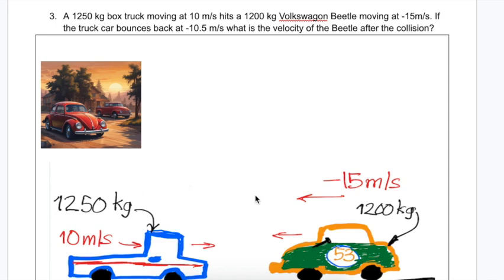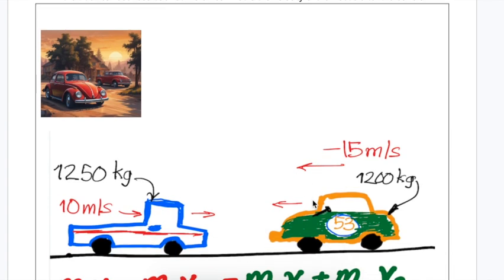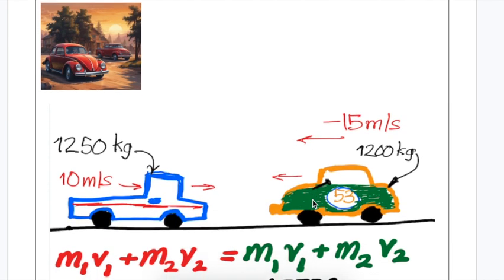Remember that velocity is a vector quantity. It has a magnitude, a number, but we also need to consider its direction. So the truck is moving this way, we give that a positive, and something that is moving at 15 meters per second but in the opposite direction must be given a value with a negative sign in front of it. Now, with this diagram, we are ready to solve the problem.